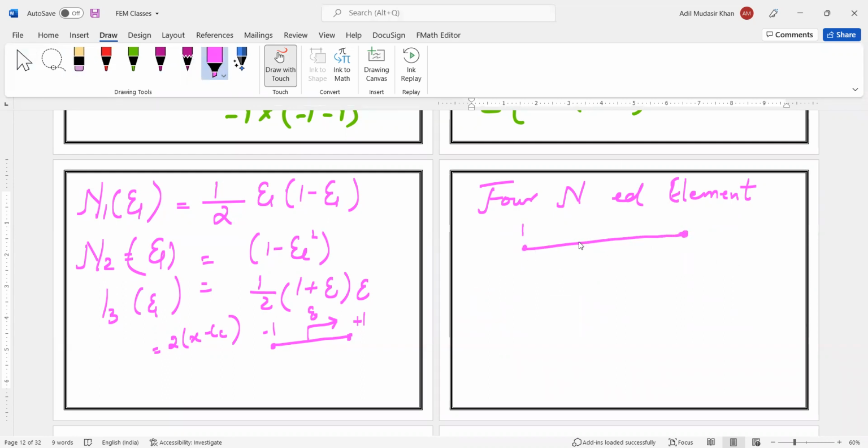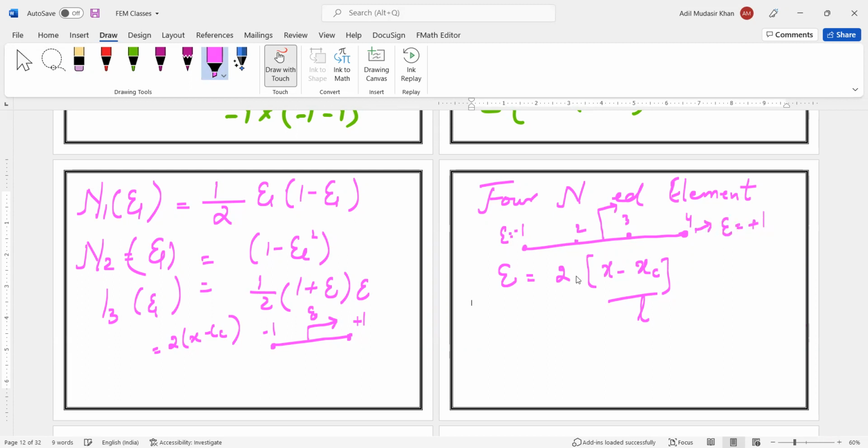This is node 1, this is node 2, this is node 3, and this is node 4. Our zeta stands over here, so we are still dividing this entire length into two halves. We can therefore write zeta is equal to 2 times x minus xc divided by the length of the element. Total length of the element is L. Okay, so at this point zeta is equal to -1. At this point zeta is equal to +1.